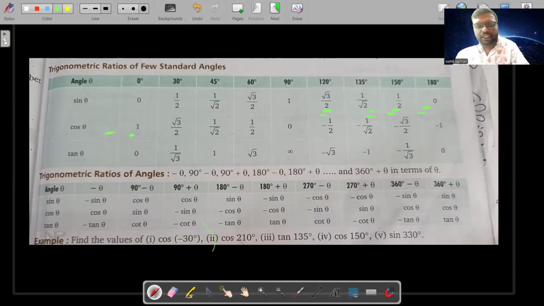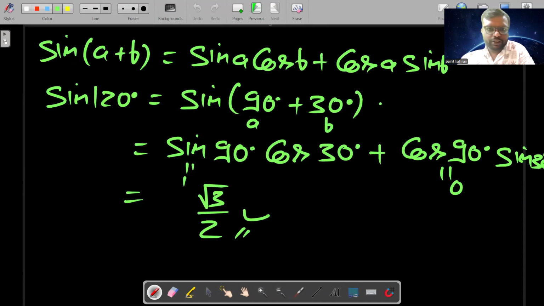Now, students, as you can see, cos theta: 0 is 1, 30 degrees under root 3 by 2, 45 degrees 1 upon under root 2, 60 degrees 1 upon 2, 90 is 0, again 120. So students, I will show how to calculate this value by one formula.